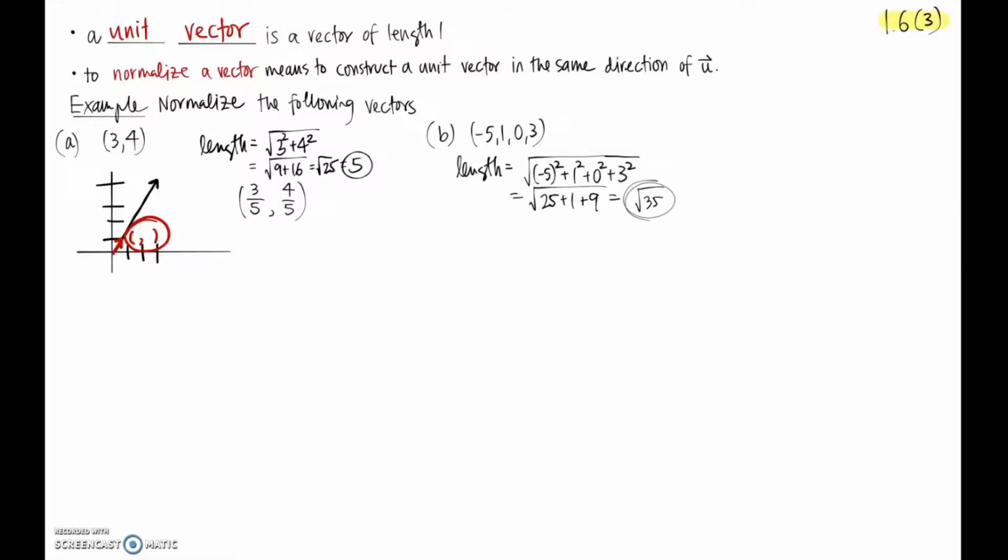A normalized vector in the same direction of this would be: negative 5 divided by that length, the next coordinate would be 1 divided by that length, the next coordinate would be 0, and 3 divided by that length.